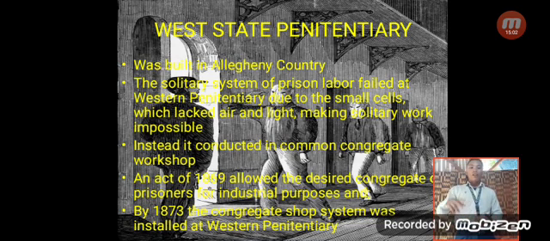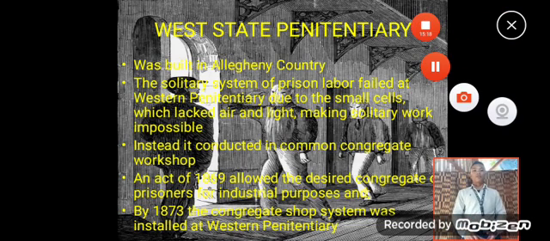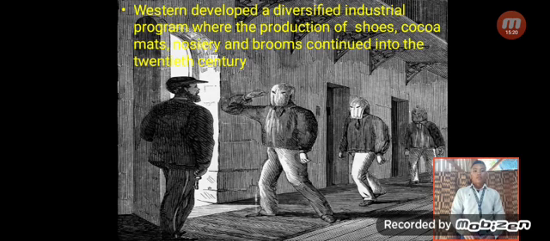In fact, an Act of 1869 allowed the congregation of prisoners for industrial purposes, and by 1873 the congregate shop system was installed at the Western Penitentiary.